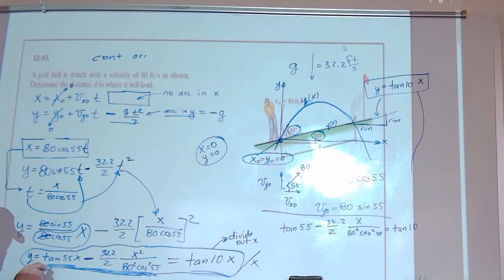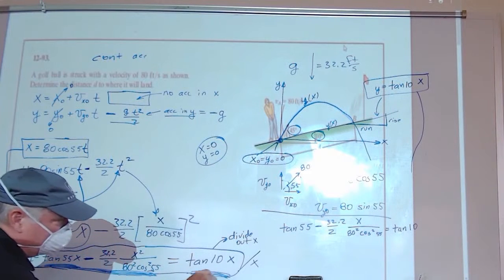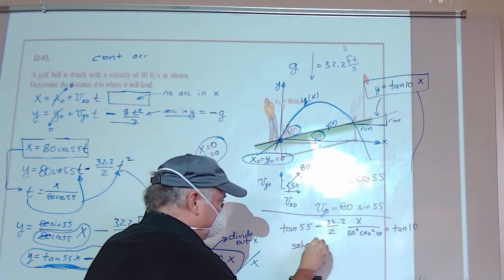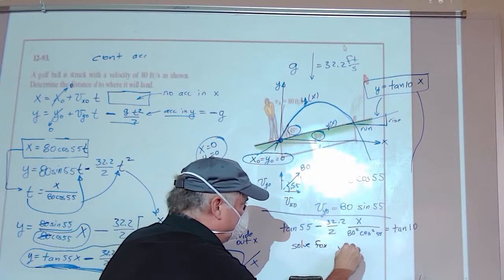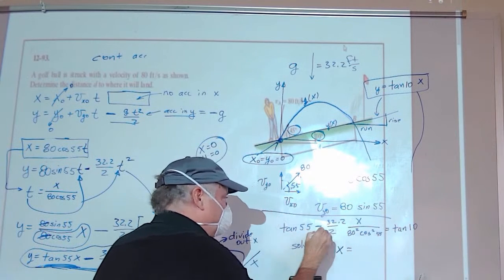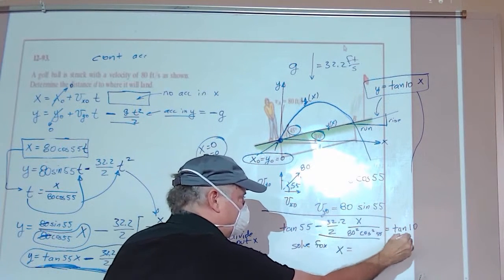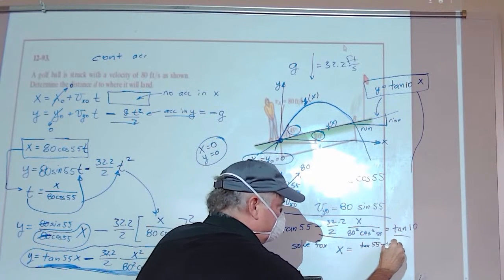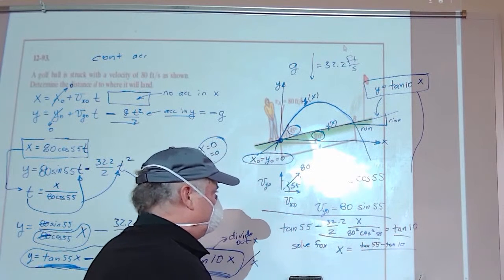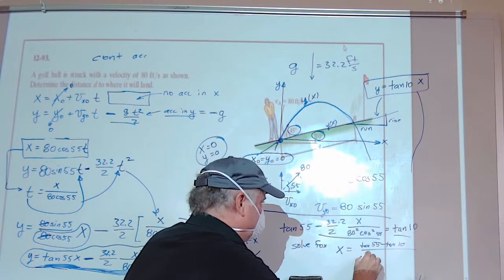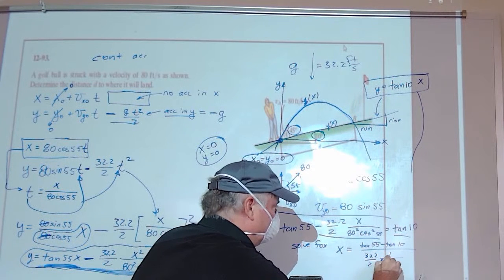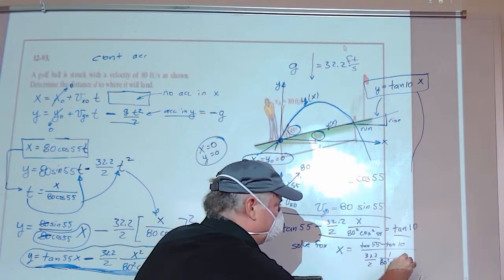There is no constant term. There's this term, which is x, x squared, and then x. Now I can solve for x. And that'll give me, I guess I could move this to that side and this one to this side. And I'd have tangent of 55 minus tangent of 10 over that, which will be 32.2 over 80 squared cosine squared 55.